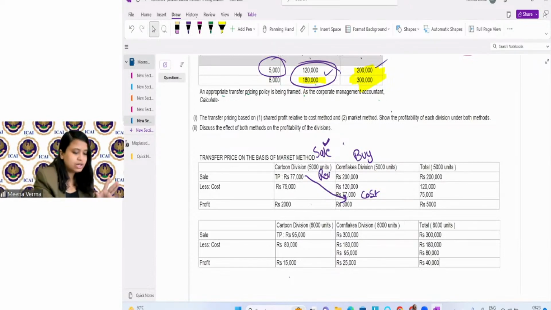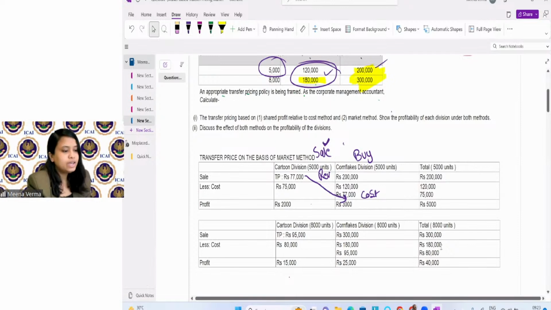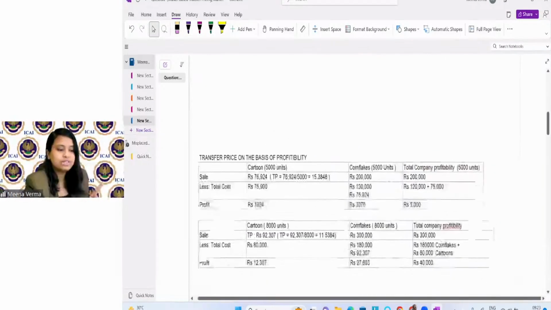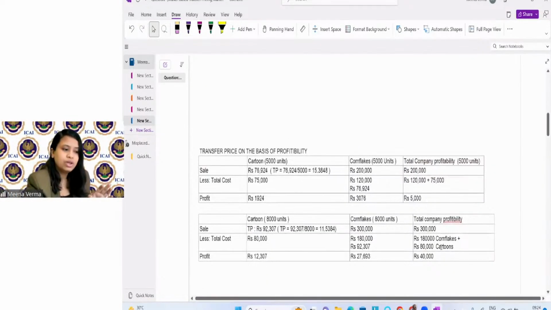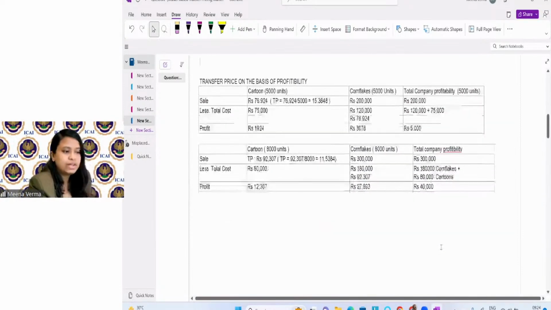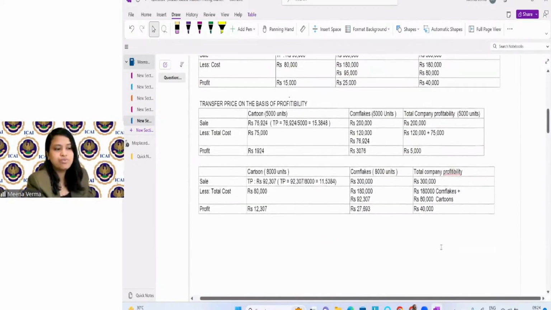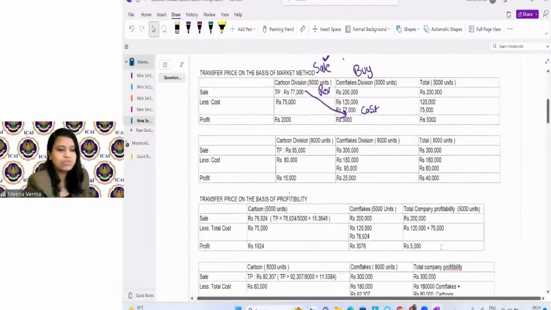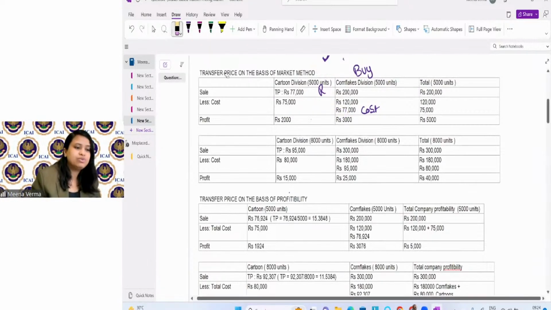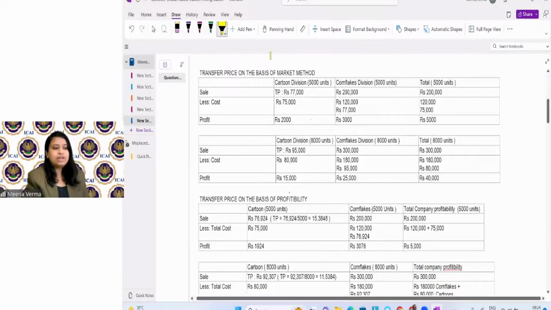Okay. So you can see here the conclusion. Now I'm giving you the conclusion. Conclusion is that irrespective of what you have decided the transfer price, in one case, you have taken the transfer price on the basis of profitability, and in the other case, you have considered the transfer price on the basis of market price. One is the market method, and another one is profitability, right?